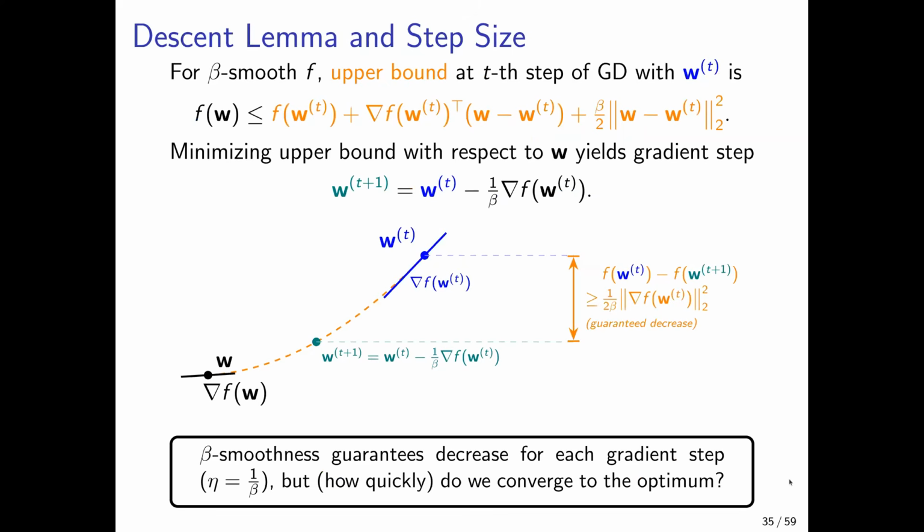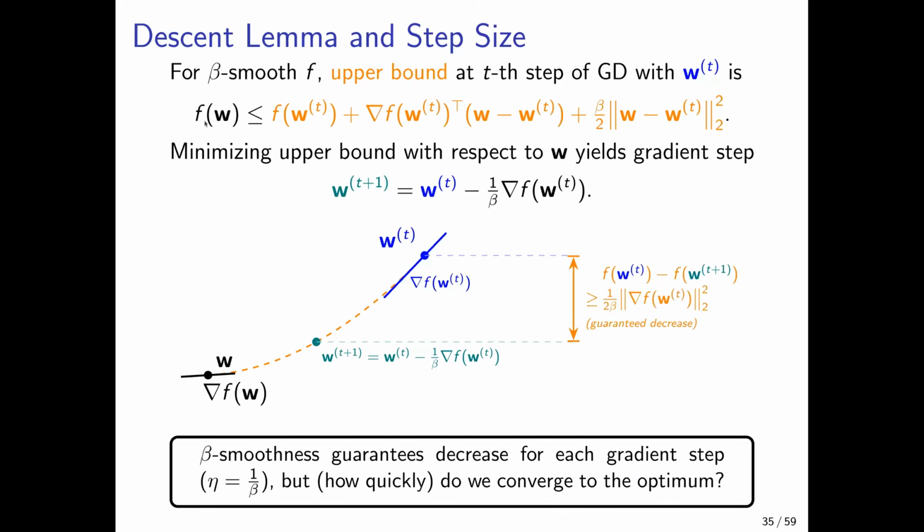Now the nice thing about beta smoothness is that it helps to make some guarantees on learning with gradient descent, minimizing the function with gradient descent.